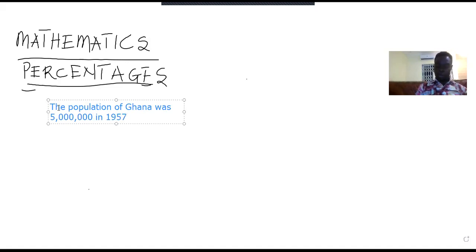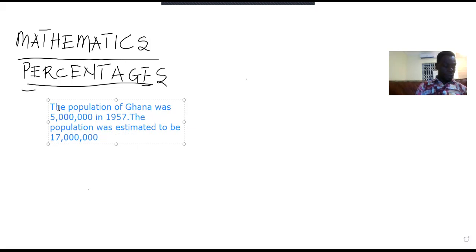The population was estimated to be 17 million in 1998.